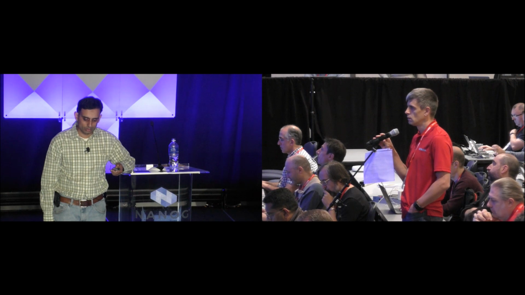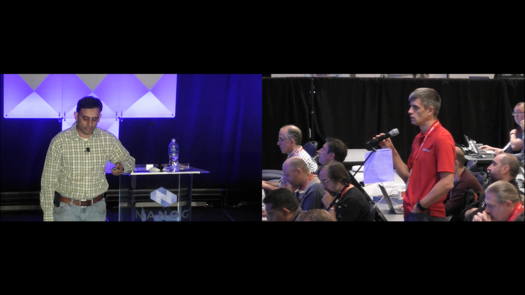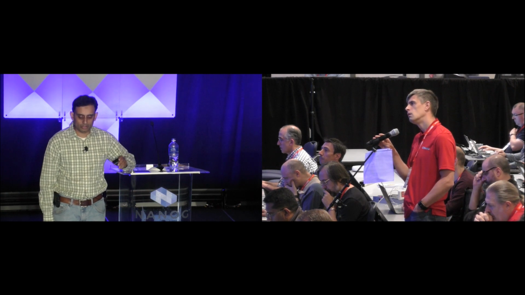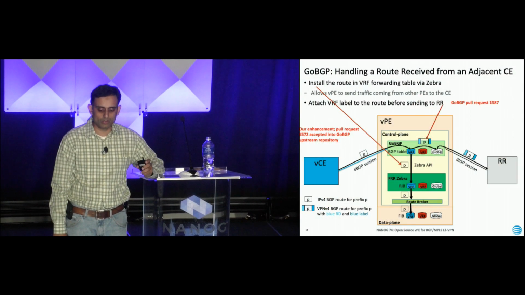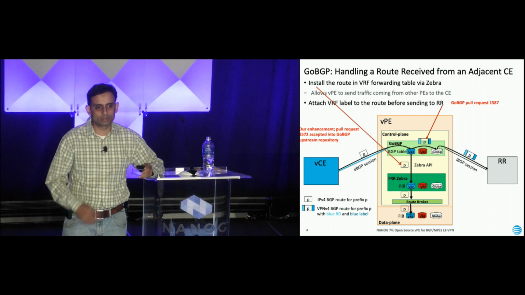Yeah, I think you are referring to this slide. You're mostly correct. What happened is that GoBGP had MPLS support, but it wasn't attaching MPLS labels to the routes. So when the routes went out to the route reflector, they went out as VPNv4 routes, but the label was always initialized to 0.